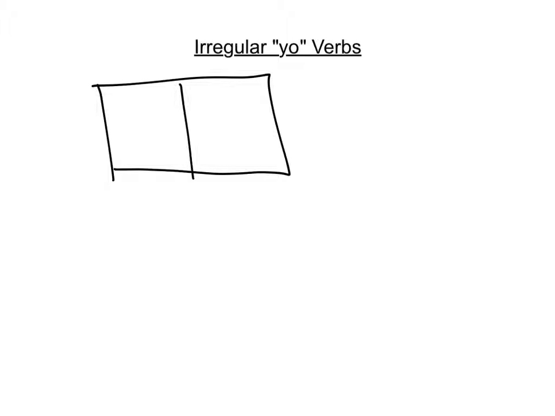So all of this sounds pretty simple, but the problem is there are a ton of irregular verbs. One type of irregular verbs are called irregular yo. We call these irregular yo verbs because if you're looking at the chart, the only one that's weird, does not follow your normal conjugation, would be the yo form. So that box right there. For example, we have the verb hacer.